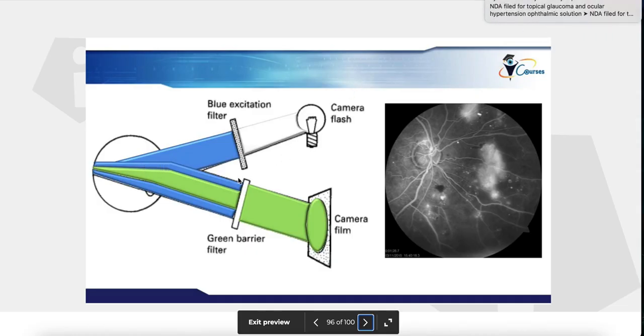Both the reflected green and blue light will pass through a green barrier filter, which allows only passage of the green light, so it will hit the film, showing the pattern of fluorescence from this fundus image. So it will show the choroidal flush, the retinal blood vessels, and patterns of abnormal fluorescein like leakage, as you can see here.